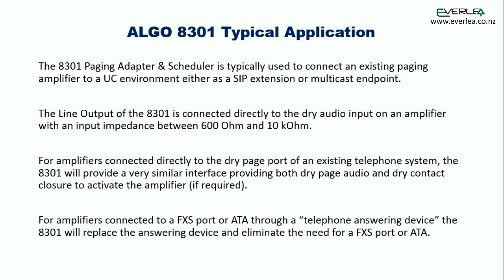The line output of an 8301 can be connected directly to an audio input of an amplifier. The impedance is between 600 ohm and 10 kilo ohm. If you've got amplifiers that are connected directly to a dry port on a phone system, it'll work fine, but the 8301 will also provide both the basic dry port or the dry port and a dry contact relay closing function to activate the amplifier if required.